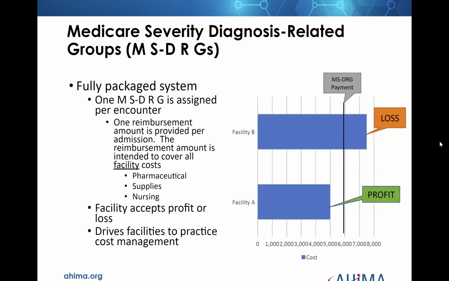And the facility will, if they can treat the patient for less, they keep it and make a profit. However, if they don't manage their patients effectively and they incur more costs than the reimbursement for these admissions, they will lose money. And you hear people referring to these as MSDRG winners and losers.